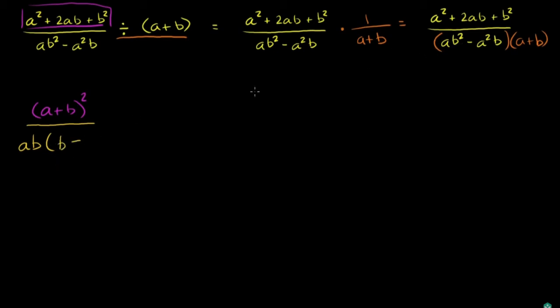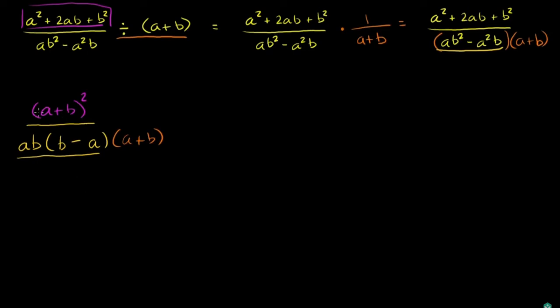And then minus a squared b divided by ab is just an a. This right here is the same thing as that. And you could multiply it out. ab times negative a is negative a squared b. You got that right there. So multiply it out, you should get this right there. And of course, you also have your a plus b sitting here.